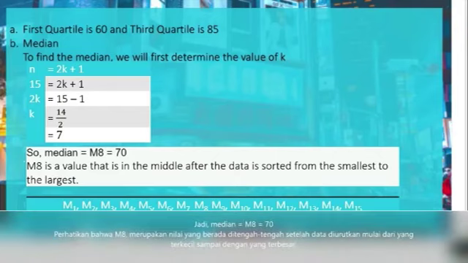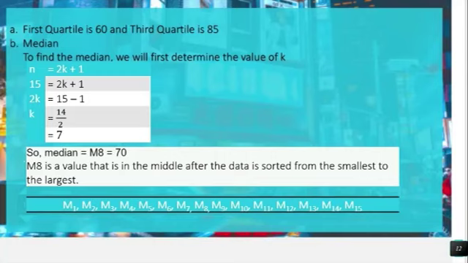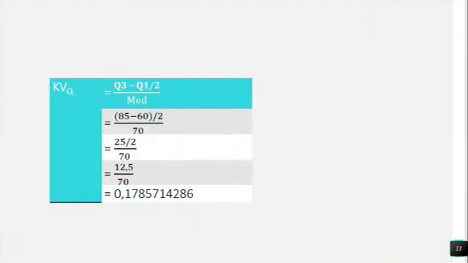So the median equals the value of the 8th data. The median is the value that is in the middle after the data is sorted from the smallest to the largest: M1, M2, M3, M4, M5, M6, M7, M8, M9, M10, M11, M12, M13, M14, and M15.